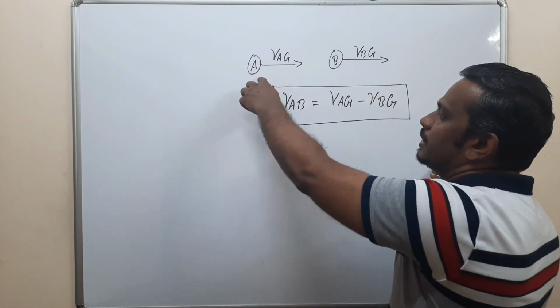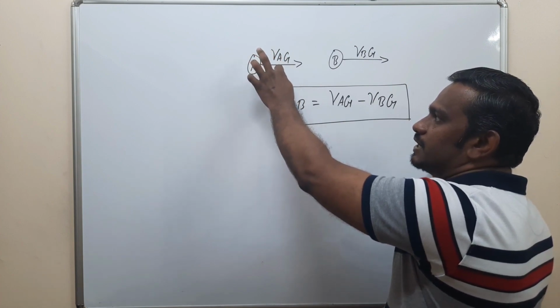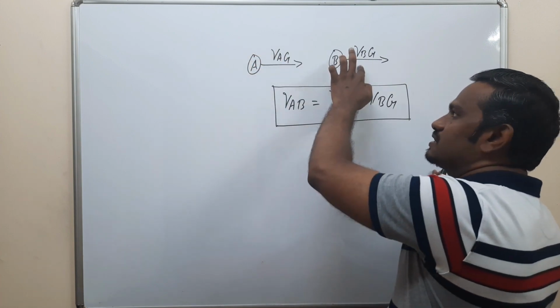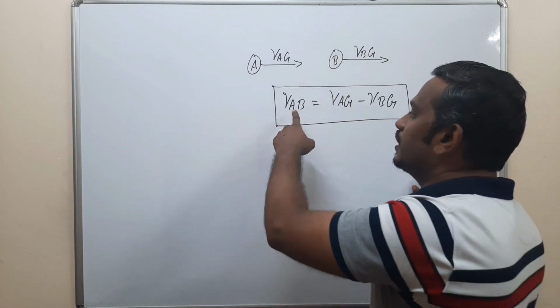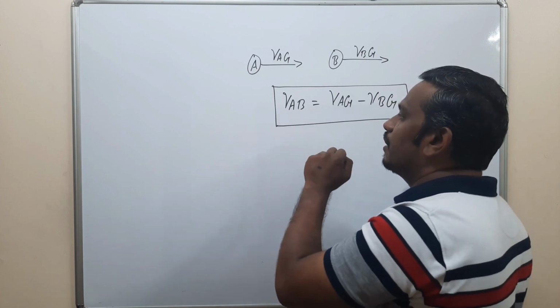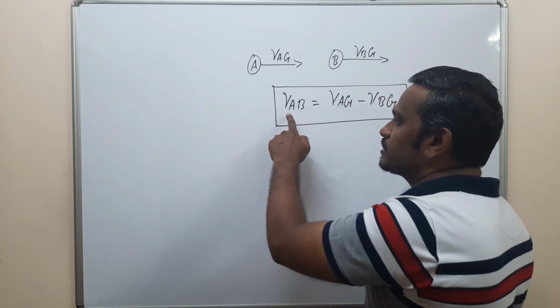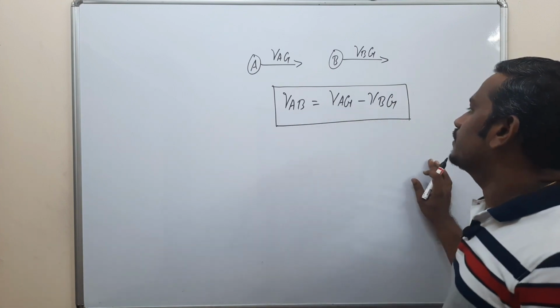So Vag is the velocity of object A with respect to ground, and Vbg is the velocity of object B with respect to ground. Then the velocity of A with respect to B, or velocity of A as seen by B, or the relative velocity of A with respect to B, is Vag minus Vbg.